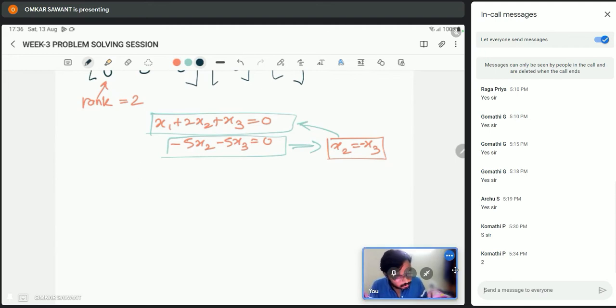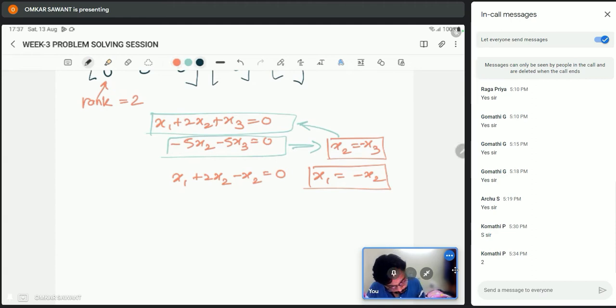Okay, then we will put, so x1 is equal to minus x2 is equal to minus x3.